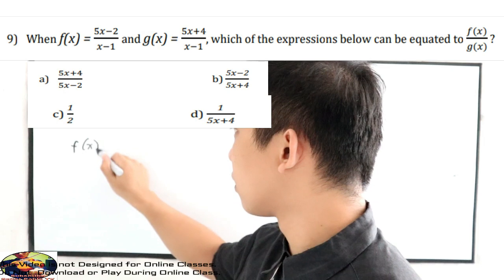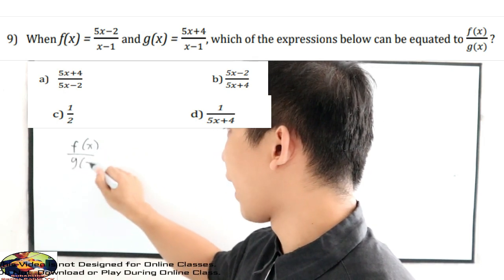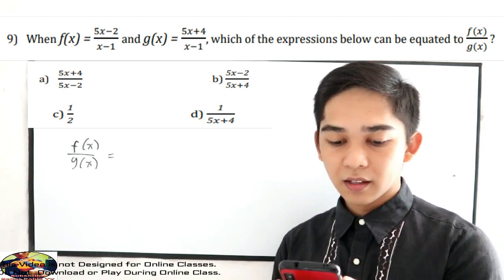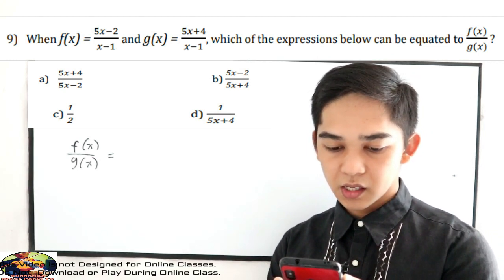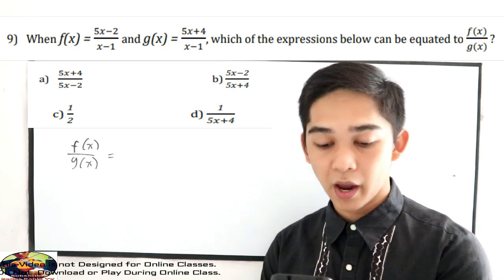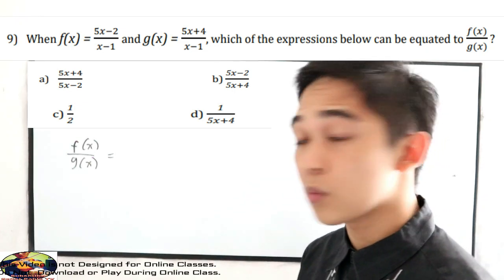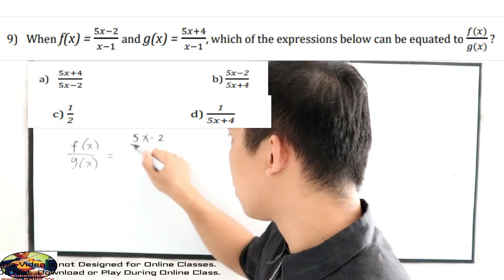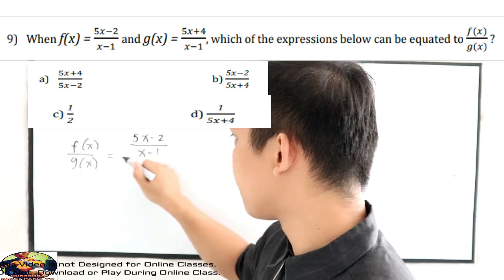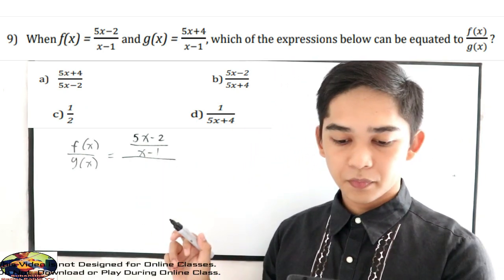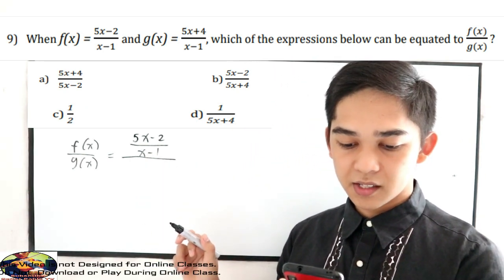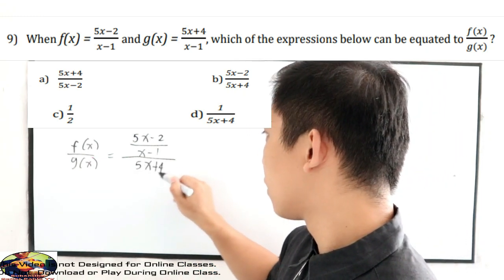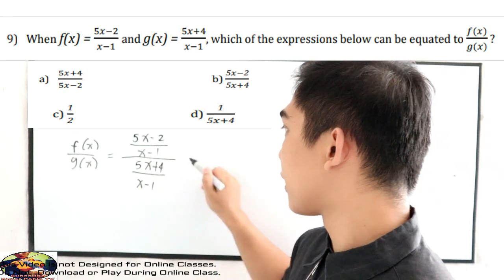F of x over g of x. Okay. We know that f of x is equal to 5x minus 2 over x minus 1. F of x is 5x minus 2 over x minus 1. All over, g of x is 5x plus 4 all over x minus 1.